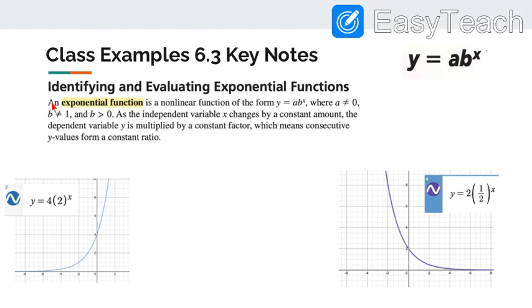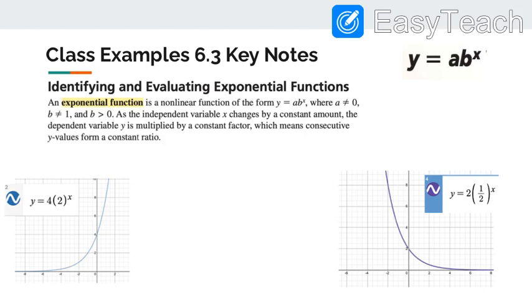Alright, so we are going to identify our new type of function. So up to this point, in all of middle school, 7th, 8th, 9th grade math, we've been hitting what's called linear functions, so y equals mx plus b. Now we're hitting a new type called exponential functions. These are of the form y equals a times b raised to the x.